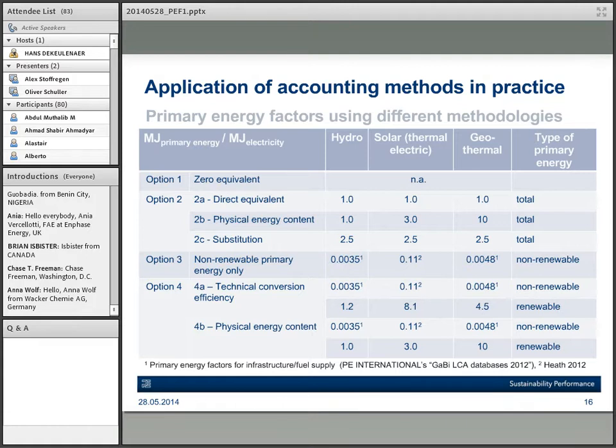So if I assume, for instance, I have a country which has 100% of electricity or energy consumption from geothermal, then if I use the direct equivalent method, it's 10 times less energy consumption than with the physical energy content, and it's still the same energy source.